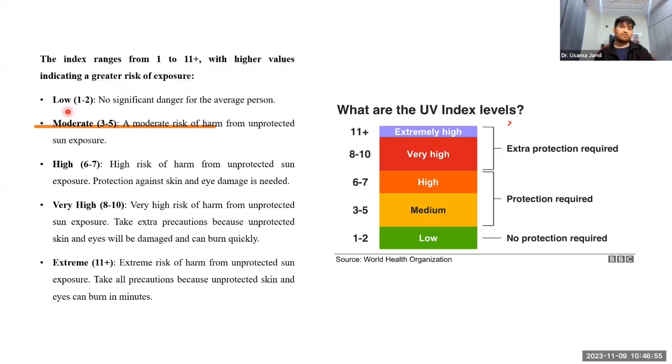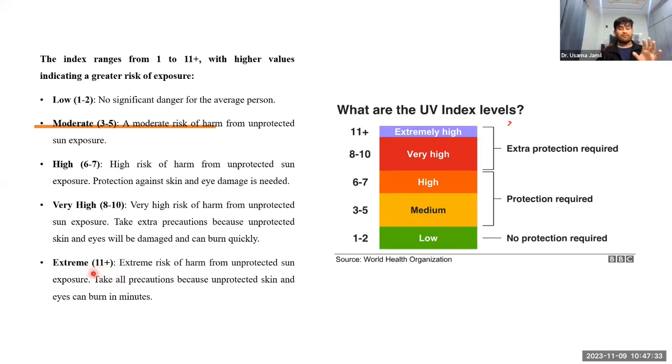So at a low grade, it is not a significant danger for any person. Moderate causes moderate risk for a person that is unprotected. The high risk of harm from unprotected sun exposure starts mainly from this grade. Protection against skin and eye damage is needed, and there is a very high risk of harm from unprotected sun exposure at values 8 to 10, and definitely a UV index of 11 or 11 plus is very, very harmful for human health.